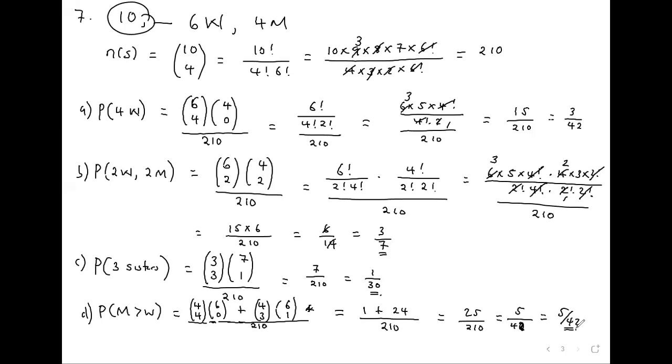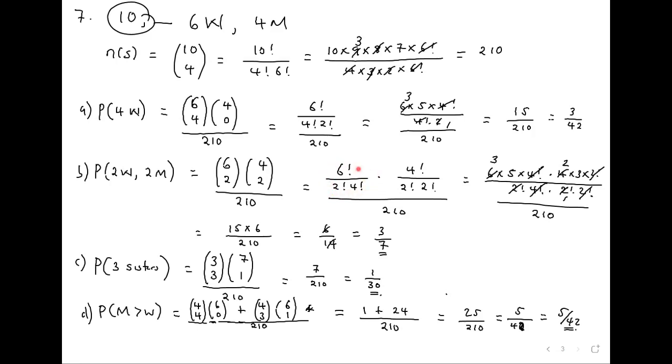Sir, I was kindly asking if you can go back to question 7B. How are you getting 6 choose 2 and 4 choose 2 equal to 6? Now the denominator, how did you get 2 choose 2, 4?